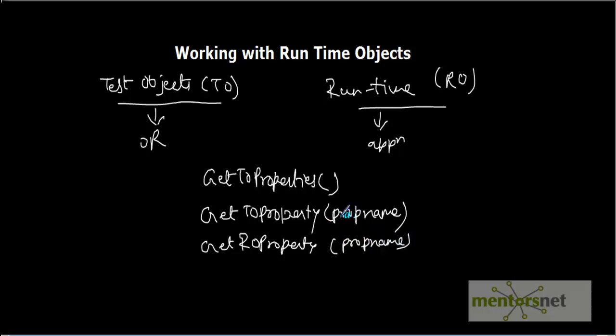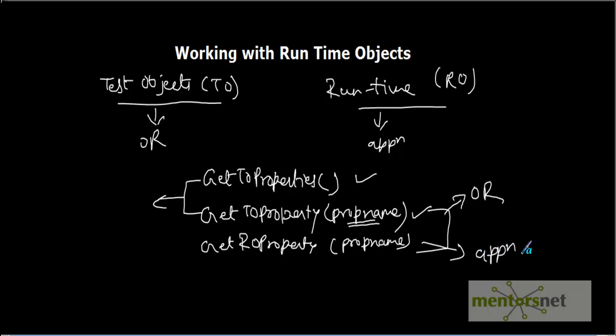The difference between the first two is that the first one will return all the properties of your object repository object, whereas the second method will return the property that you define in the parameter. And the difference between the last two is that GetTOProperty will return the property value from the object repository, whereas GetROProperty will return the value from your application.